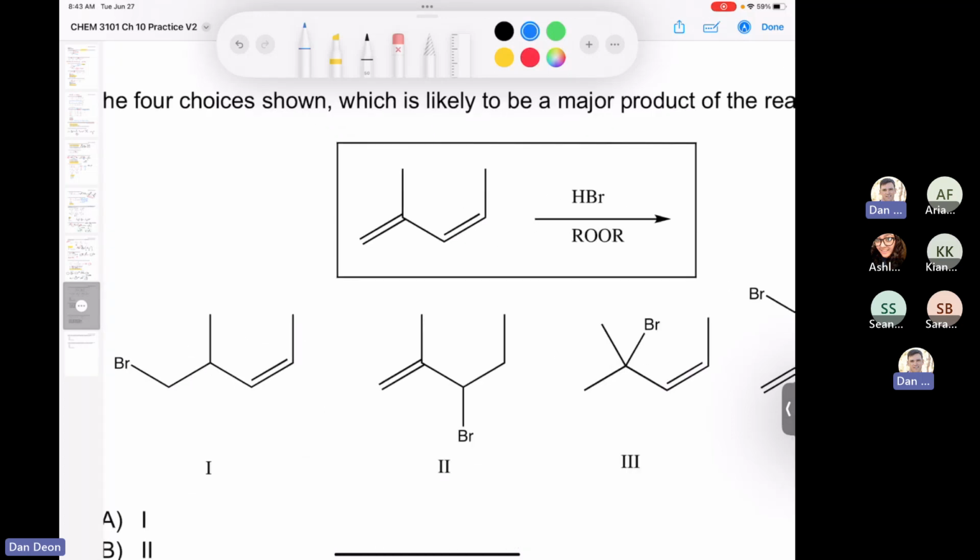I'm going to circle this double bond in blue, and then I'll put this double bond in a red circle. Now, one of those double bonds has no meaning if we were to discuss Markovnikov and anti-Markovnikov. Could anybody tell me which one of these double bonds is not pertinent for Markovnikov and anti-Markovnikov?